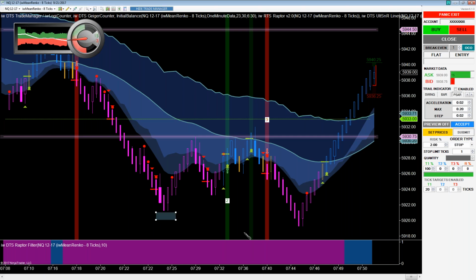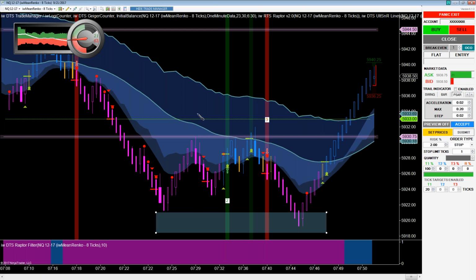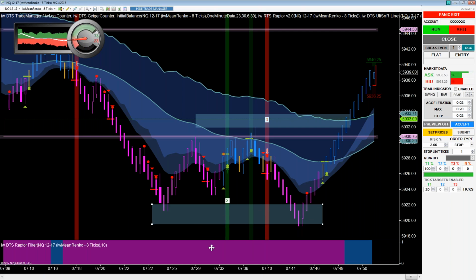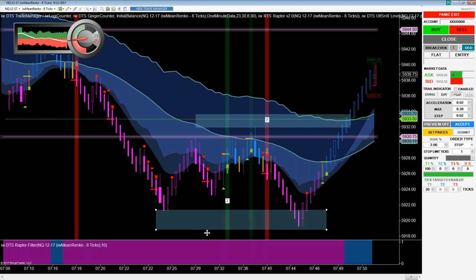It's always below a support level, above a resistance level. And small traders tend to keep their stops very, very tight. Experienced or bigger traders tend to keep their stops further away because they don't want to experience this.